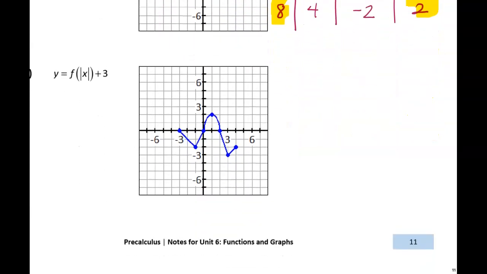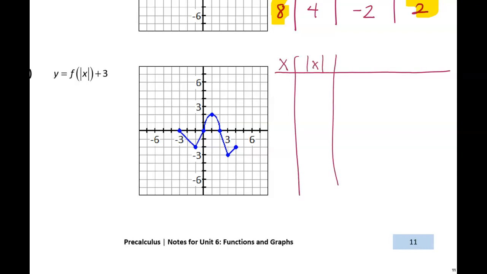All right, let's take a look at f of the absolute value of x plus 3. So we need x, absolute value of x, f of the absolute value of x, and then finally f of the absolute value of x plus 3.